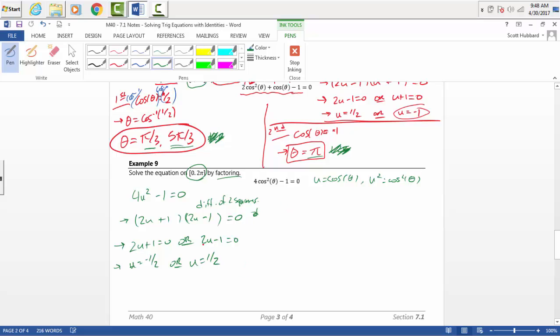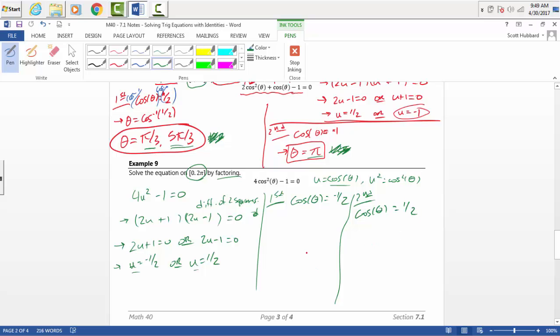And then I replace u with cosine theta, and so my first set of answers is going to come from cosine theta equals negative 1/2, and my second set of answers is going to come from cosine theta is equal to positive half.